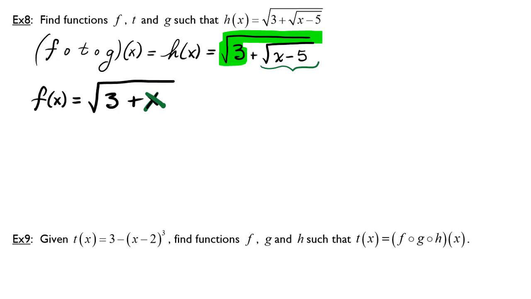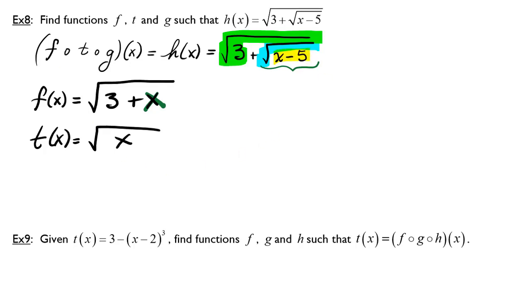f of x. The next function I'm looking at is this square root symbol inside the other square root. That's going to give me t of x is equal to the square root of x. And then our innermost layer is this x minus 5.